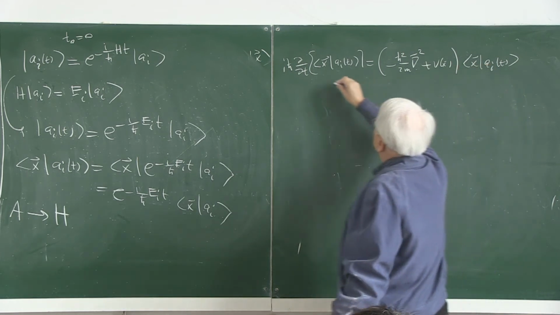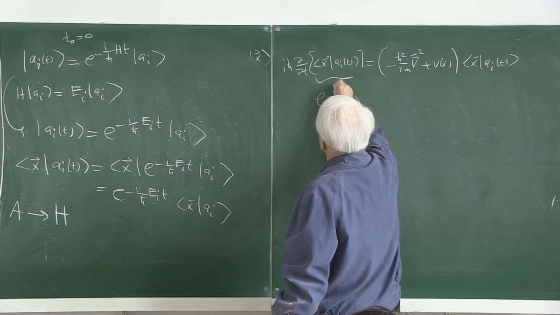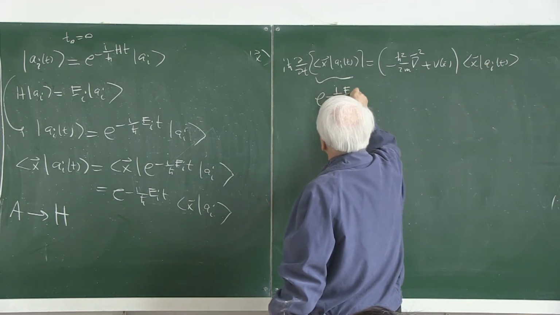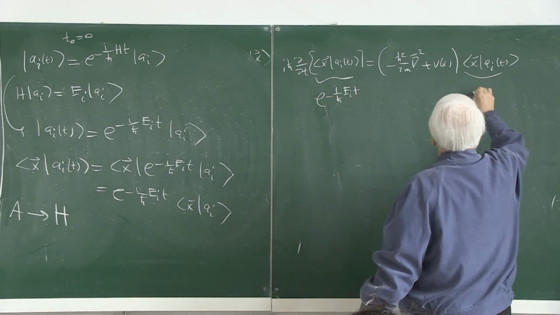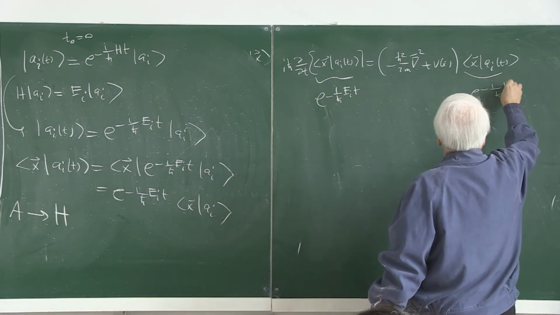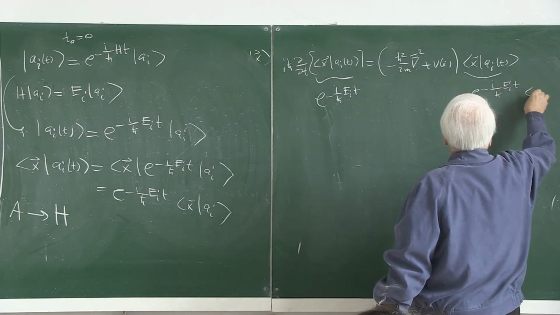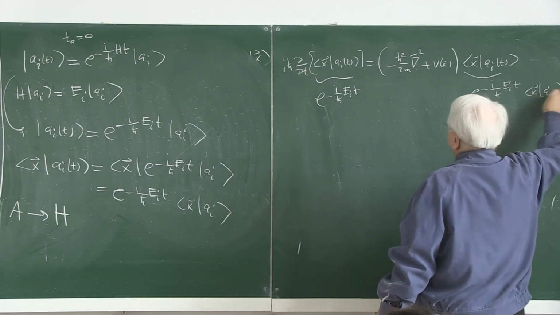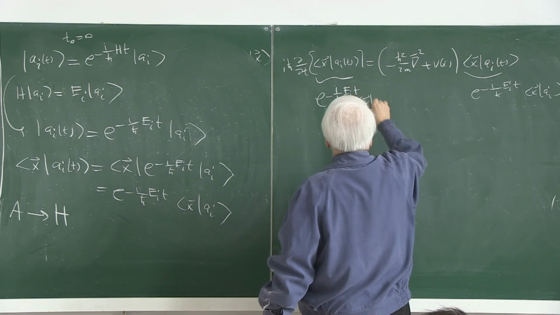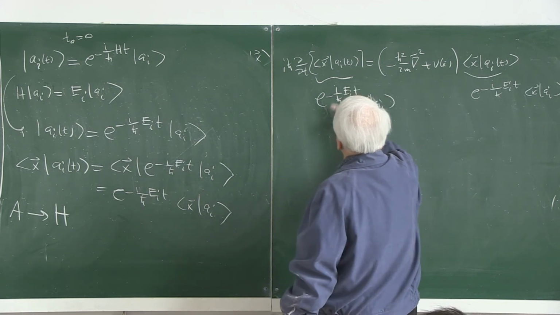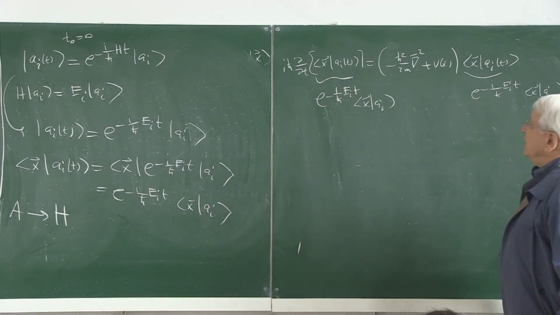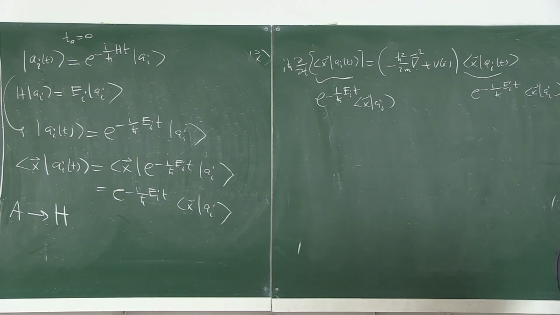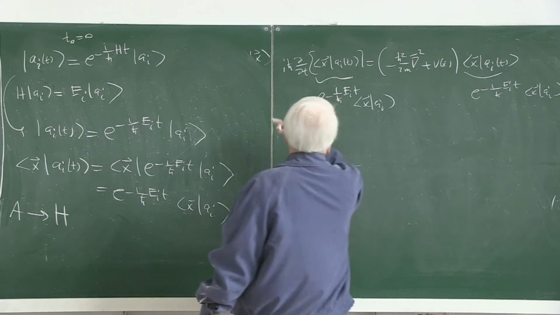Now you write x a_i(t) is e to the minus i over h bar E_i t times x and a_i. And that's the only place where there is time dependence, and it brings down E_i over i h bar, which cancels.